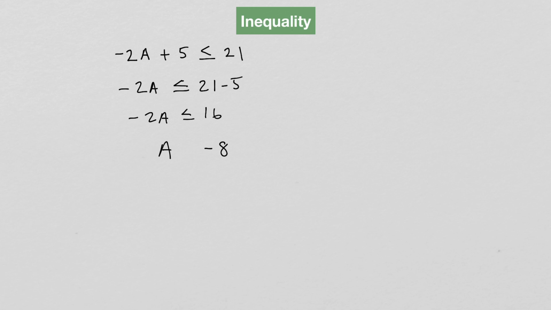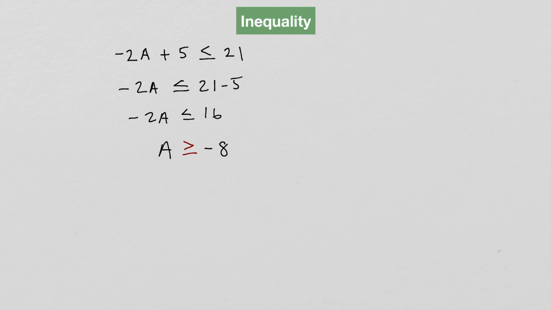Okay, so the reason I left this inequality for last is because I wanted to tell you that when you multiply or divide by a negative number, the inequality needs to flip around. In other words, this now becomes greater than or equal to negative 8.